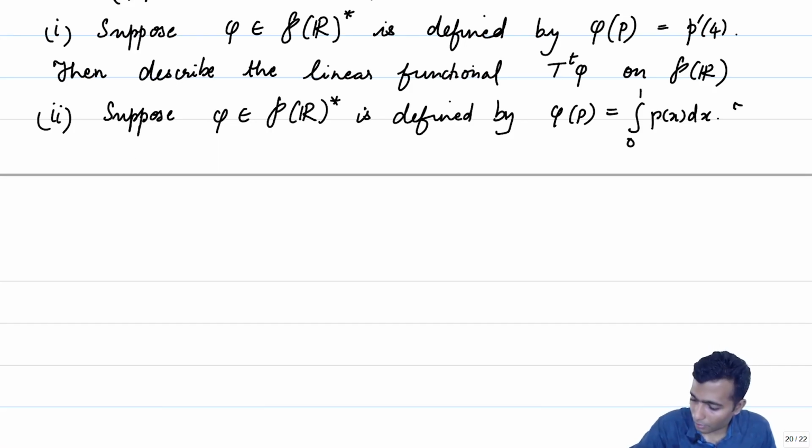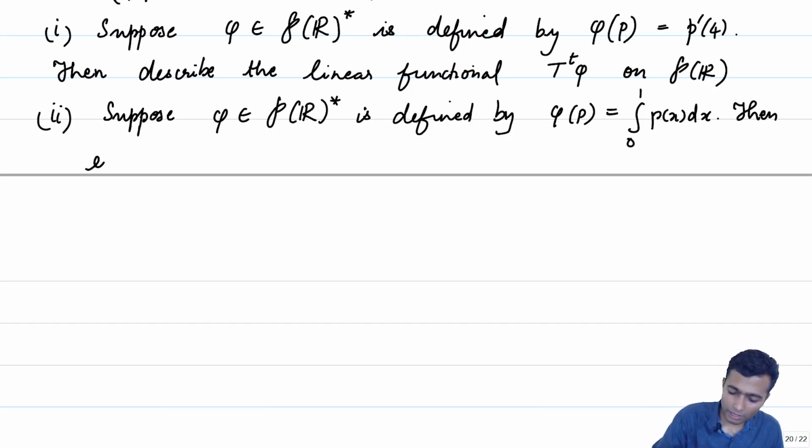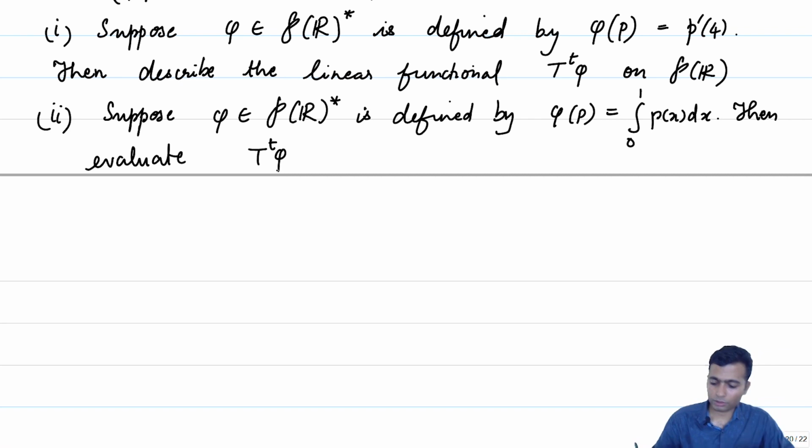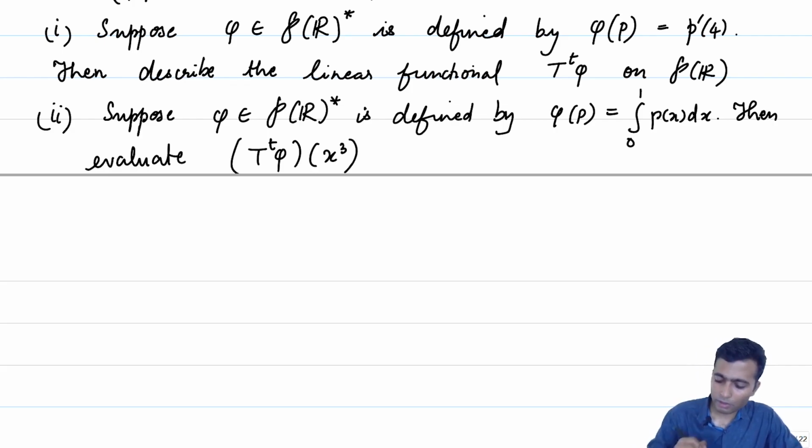Then evaluate T transpose phi. T transpose phi will be just like in the previous case a linear functional, so it can act on some polynomial. Let's say, what is the value when evaluated at T of x cube? So this is the problem.